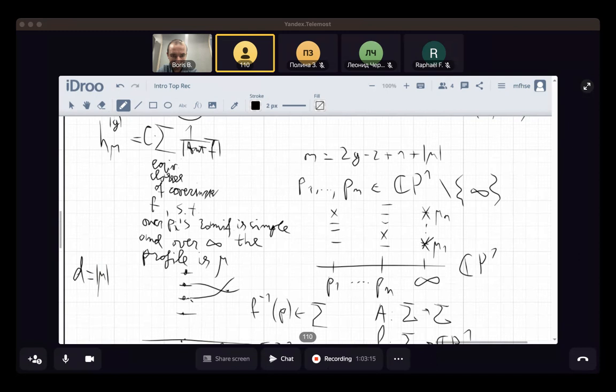Yes, so the point is that it's not always possible to extend this, because it might happen that, let's see, some other example. We have our infinity, for instance, and here, let's say we have mu1 equals 3, and here we have mu2 equals 2, sorry.